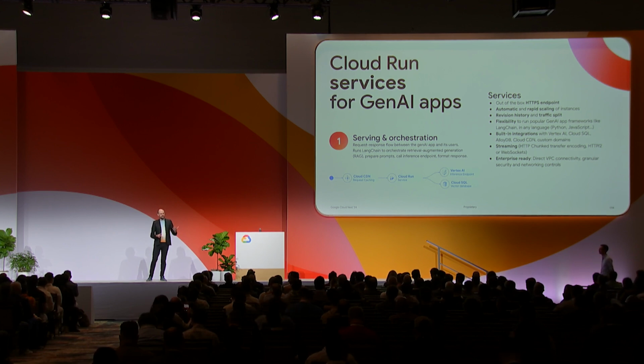When you deploy to that service, it creates a new revision, and you have a revision history. You can even split traffic between two revisions of that service. Cloud Run services are flexible, allowing you to run popular GenAI application frameworks, and in any language. LangChain, for example, is available in Python and JavaScript and some other community languages.